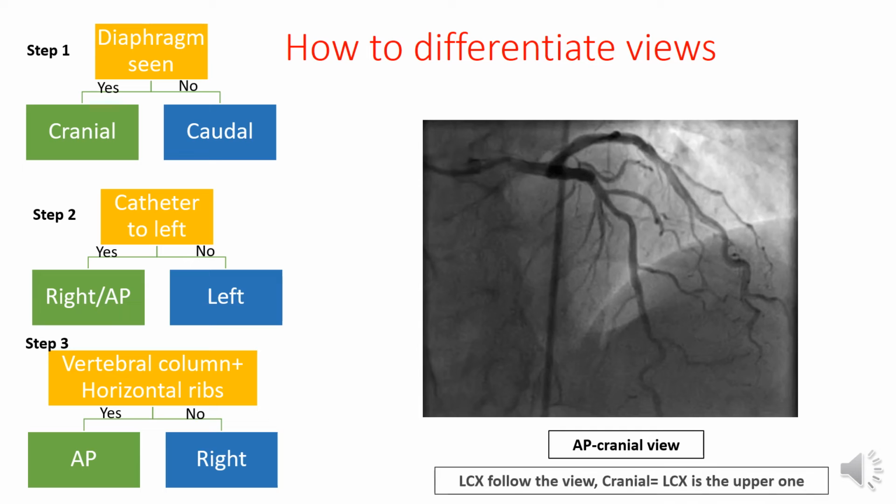And as a rule, the LCX follows the view, which means when the view is cranial, the LCX is the upper one. When we are dealing with a caudal view, the LCX will be the lower one. Here in this picture we are dealing with an epicranial view, so a cranial view means that the LCX is the upper one, as in this picture.